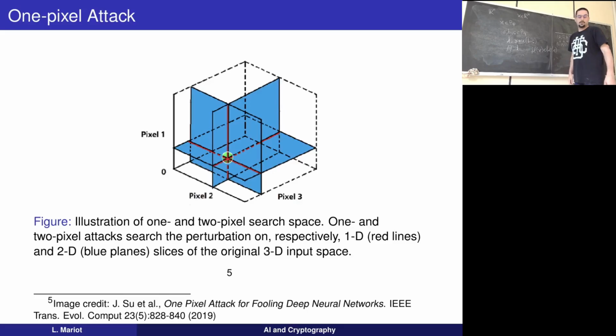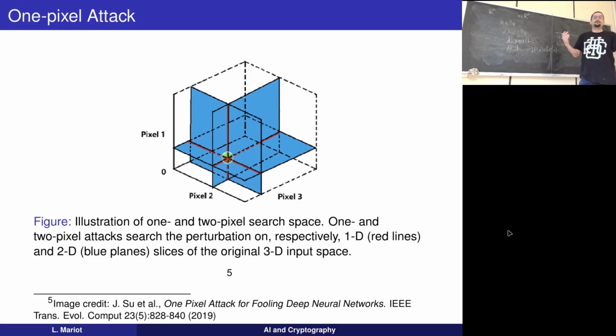So what does it mean to perform a one pixel attack? Well, basically it says, okay, I'm selecting a single pixel, either pixel 1, pixel 2, or pixel 3, and then I'm moving the original image along the axis of this cube. Otherwise, if we are considering a 2-pixel attack, for example, we are moving over a plane that is defined by the directions of the 2 pixels that we have chosen.